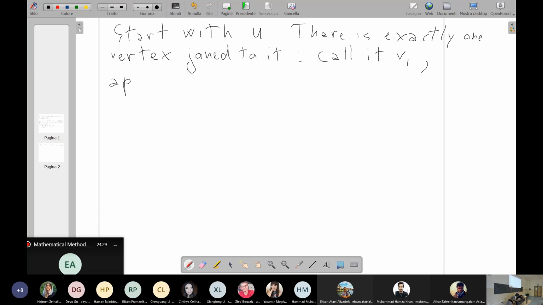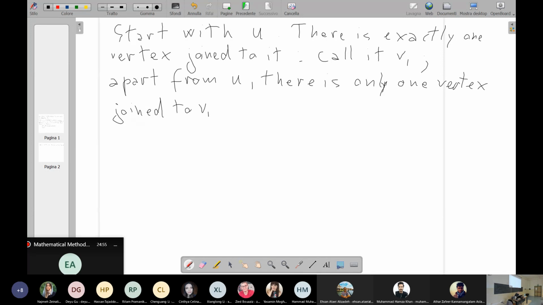Apart from U, there is only one vertex joined to V1.